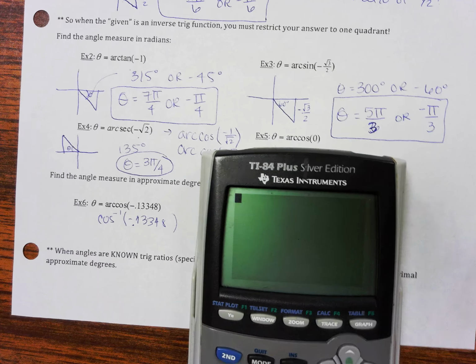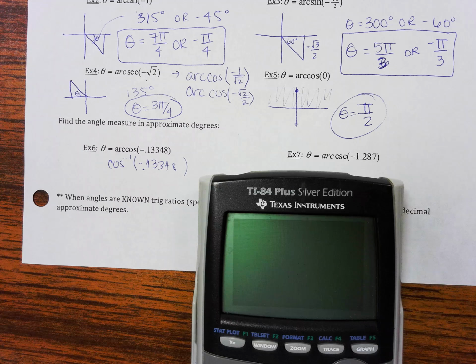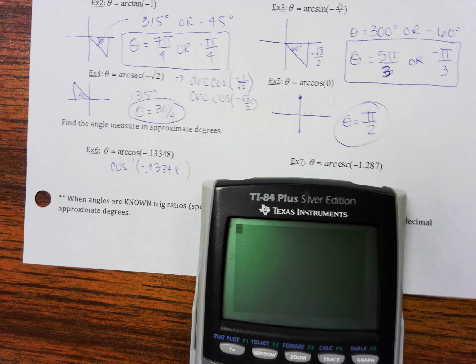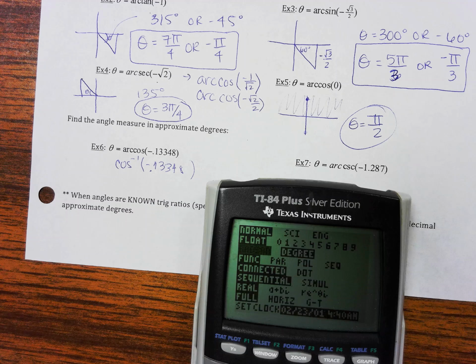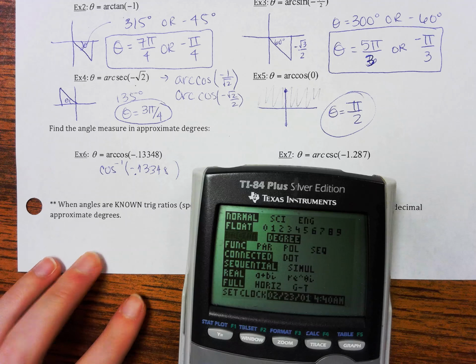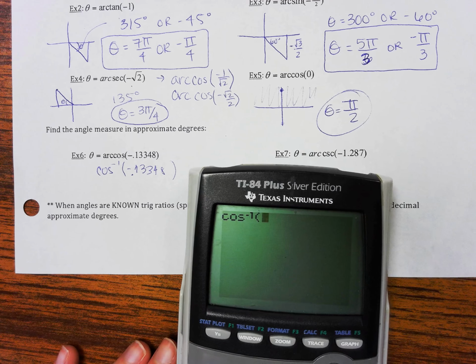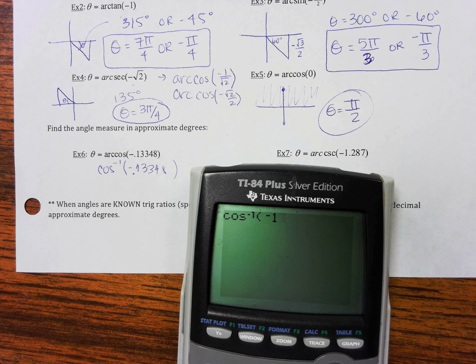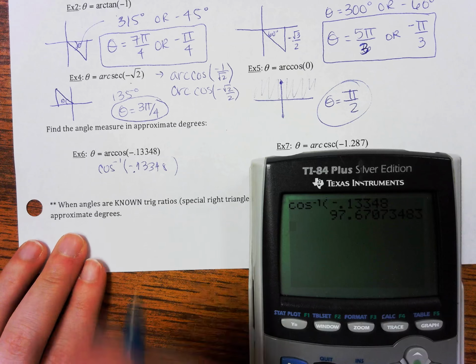This is going to be in degrees, so we're using approximate degrees, and our calculator should be in degree mode. So make sure your calculator is in degree mode. We plug in cosine inverse of 0.13348, and it gives us approximately 97.67 degrees.